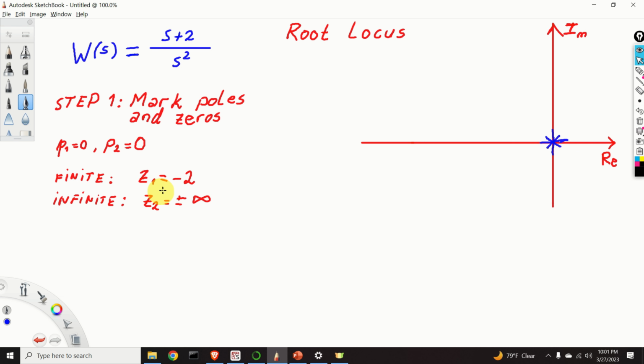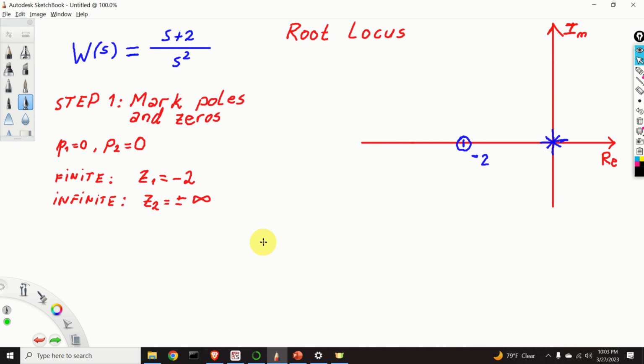The finite zero is given at minus 2. Consequently, my zero is located over here. And I can use a circle to mark my zero. Here it is. We have an infinite zero that can either be at plus infinity or minus infinity. We will see later on.